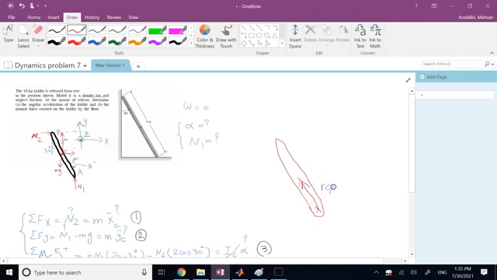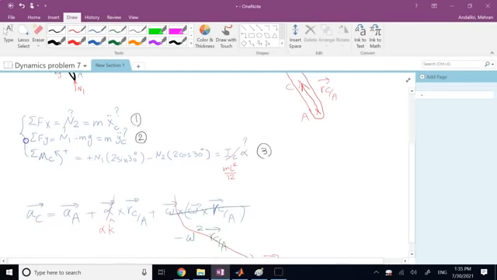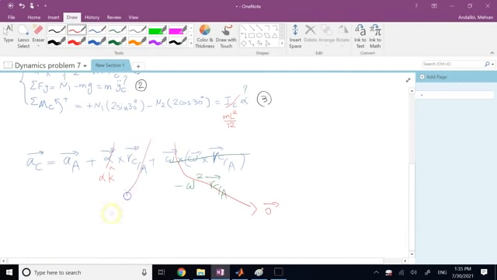This is r of C with respect to A. It connects A to C. And clearly this vector has a length of 2, and the angle of that with respect to the horizontal axis is 60 degrees. So it is going to be 2 cosine 60 with a negative sign i, and 2 sine 60 with a positive sign j, correct? So if you want to write it as a vector, it is 2 times negative cosine 60 i plus sine of 60 j.